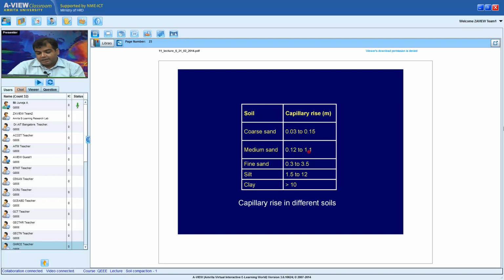Medium sand can go up to a meter or so, that's the worst case scenario. For fine sand, it can extend up to a few meters. For silts, it's up to tenths of a meter, but for clay, definitely it's larger. For clay, it can go much higher.